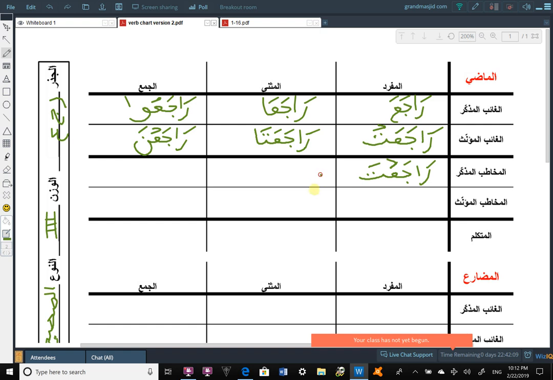Antuma raja'tuma. Antum raja'tum. Anti raja'ti. Antuma raja'tuma.